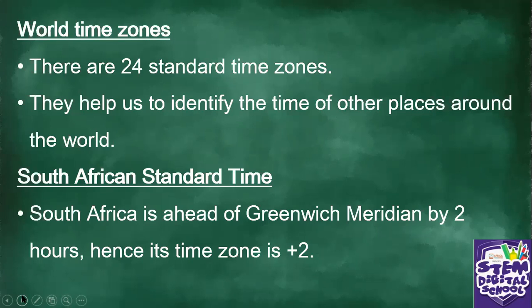So you have to know the time that you are going to arrive in Australia. It may happen that you leave South Africa from OR Tambo, you take a flight at 7 o'clock in the morning, and you are flying to Australia.